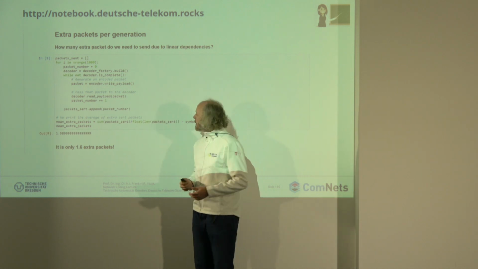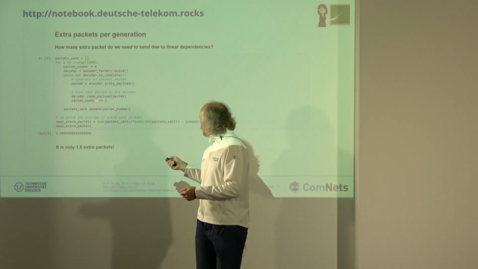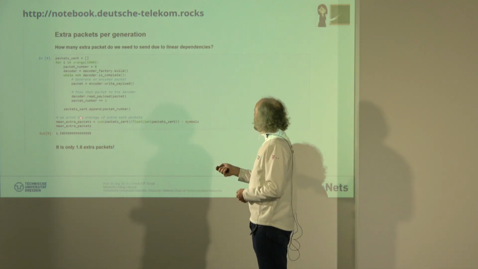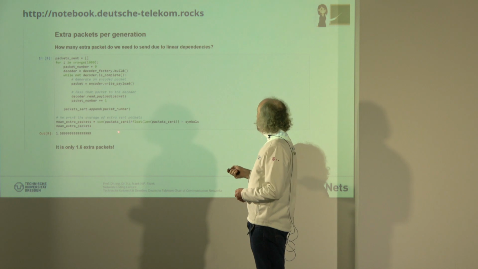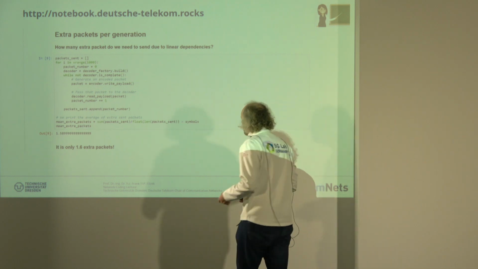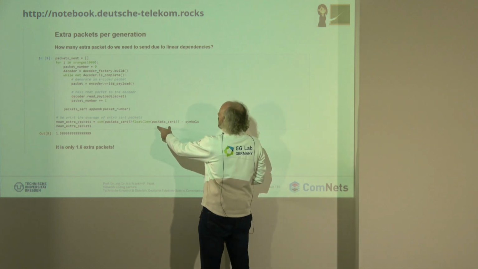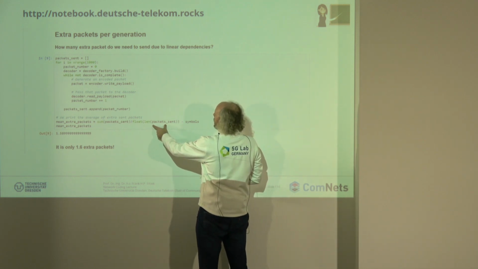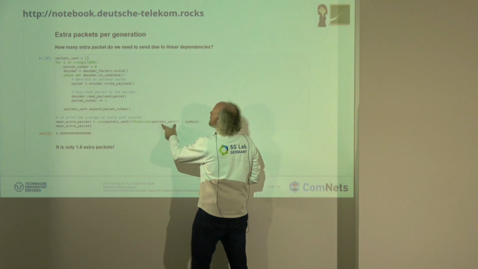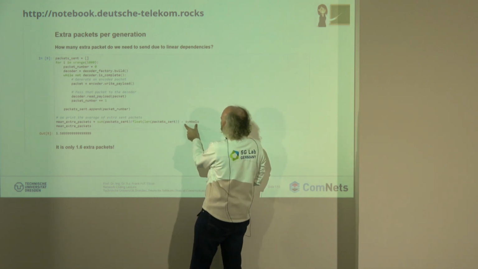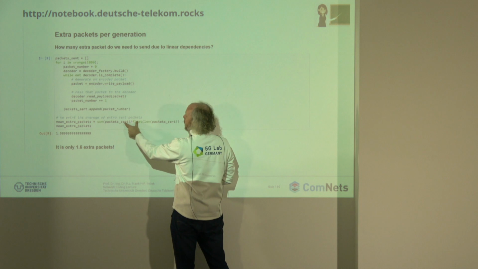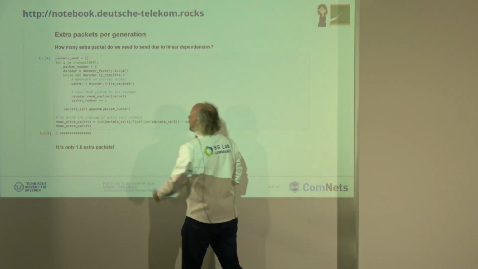So what we really want to do is take all the packets sent over here and make a sum of that. Wait a minute, these are the extra packets, because the number of symbols is 8, and we subtract this from here, and then you have the mean extra packets.